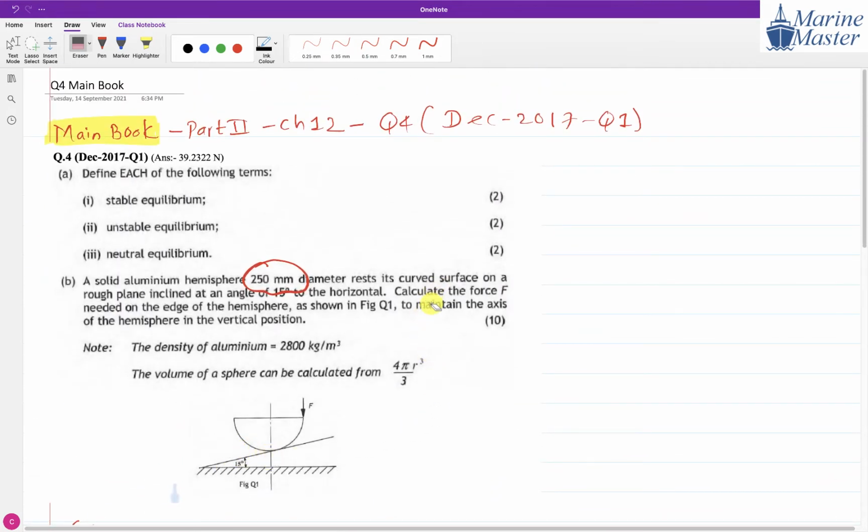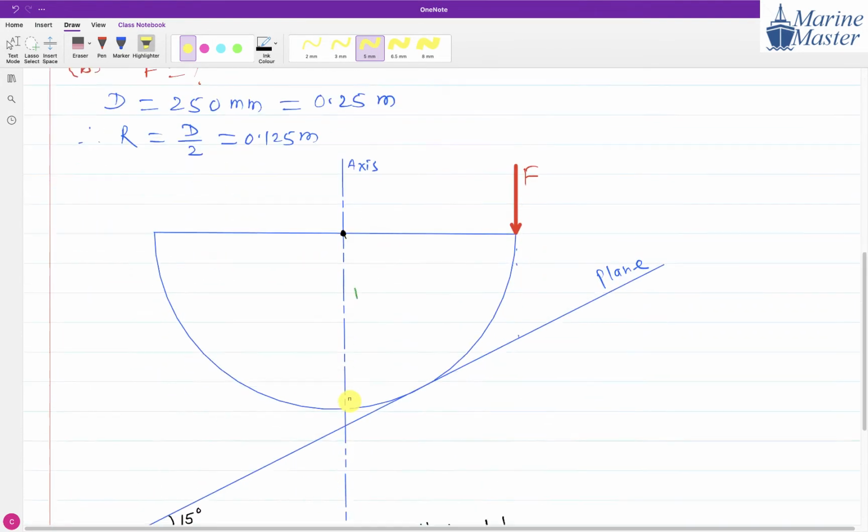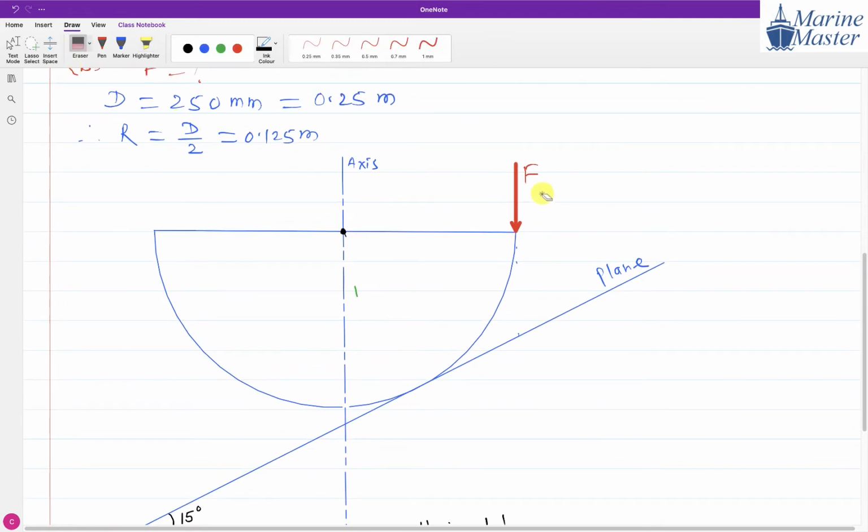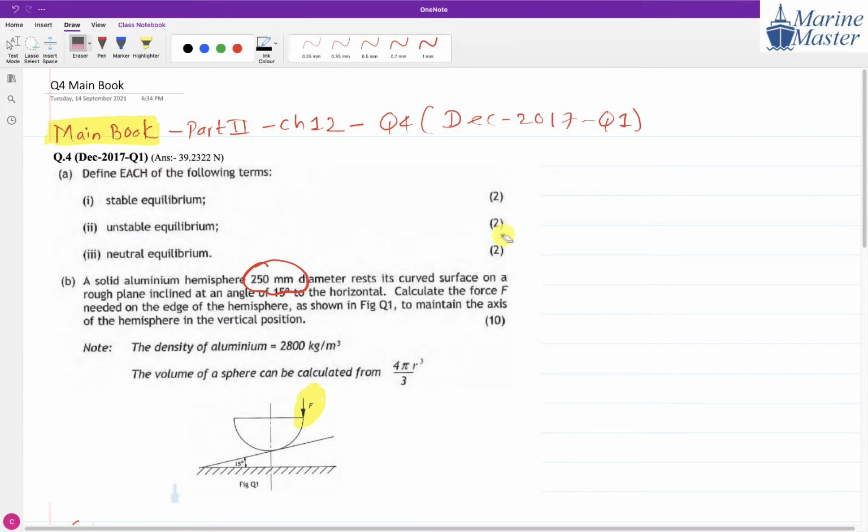Now what they are asking us is to calculate the force F. This force F is visible to you. We have to calculate the force F needed on the edge of the hemisphere, so on this edge we are applying some force F. We have to find that force F needed on the edge of the hemisphere as shown in figure question 1.